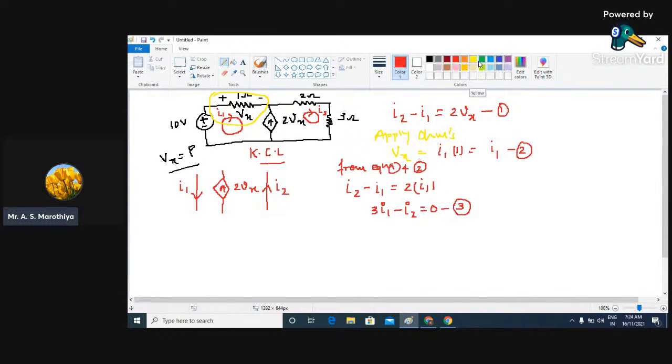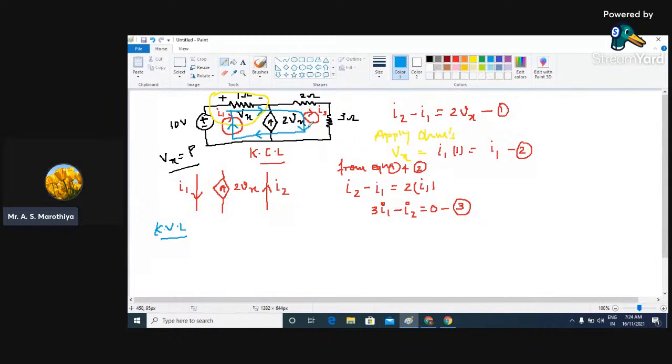Now what we need to do is apply the clubbing mechanism. That means now we need to apply the concept of Kirchhoff's voltage law and club these two meshes simultaneously. So I'm reading this circuit in a clockwise direction like this and writing the expression for voltages.